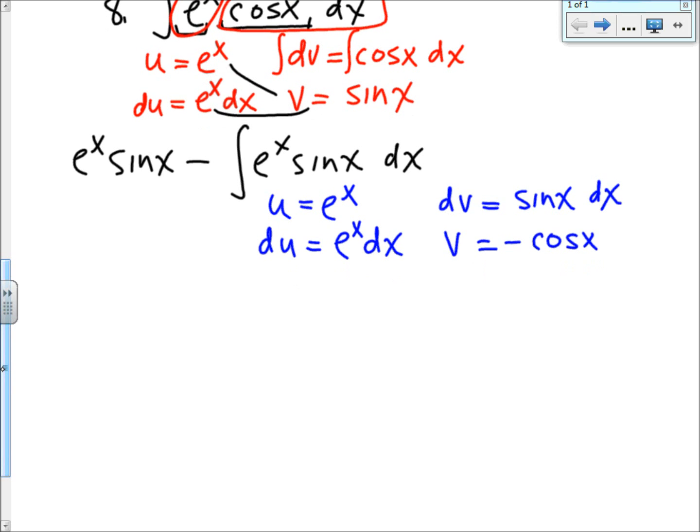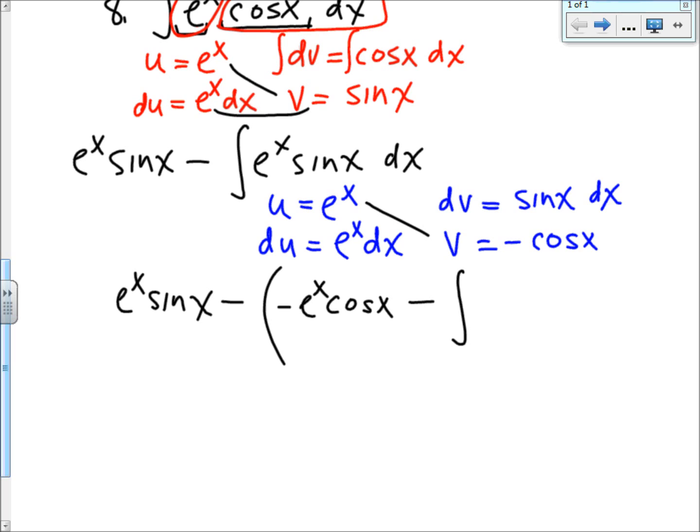Okay, so now we go back to our problem. I've got this guy sitting out here, e to the x sine x minus, of course, now I need parentheses because I'm doing it twice. uv, so that'll be negative e to the x cosine of x. Minus v du, so minus these two.